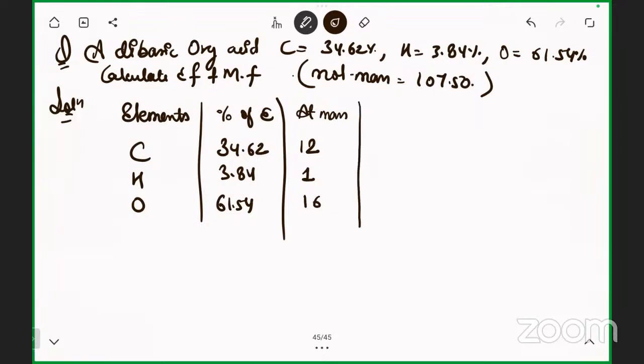Then you have to calculate the relative number of atoms. For the relative number of atoms, you write percentage divided by atomic mass.